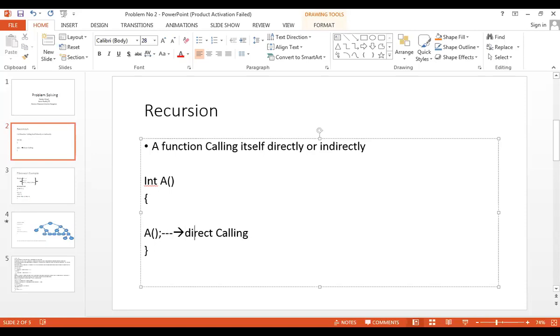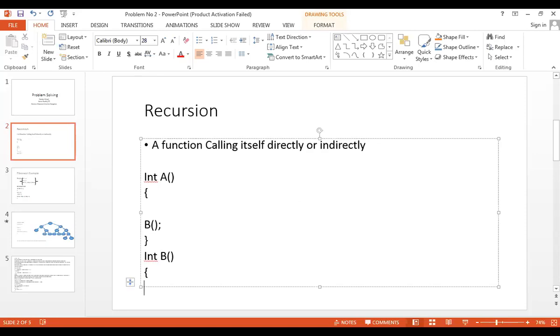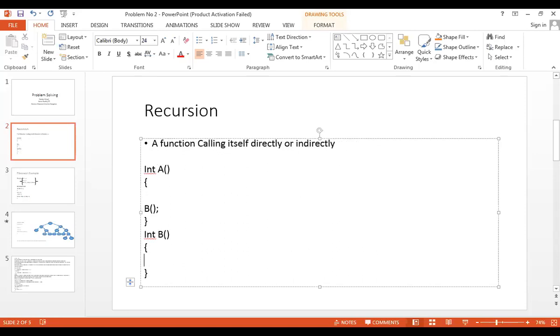But on the other hand, if this function a is calling some function b inside this, and the b function has its own definition, and there are some other tasks to do in this, but in the b function, b is calling a, that is an indirect calling.